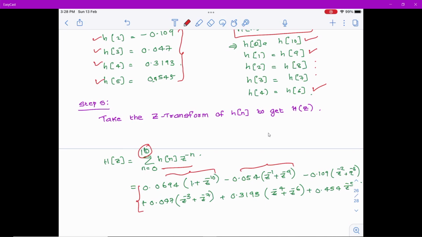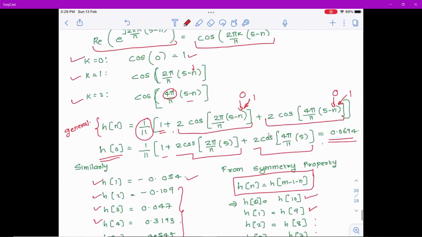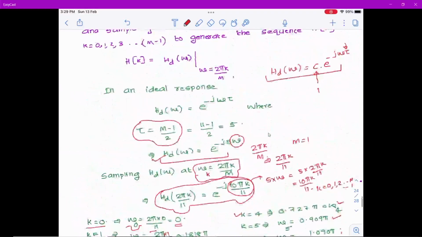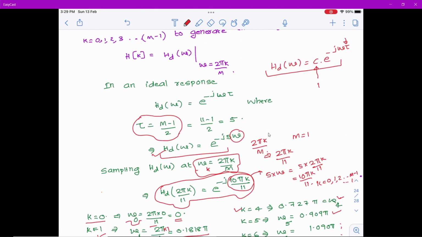Designing an FIR filter means finding out the coefficients of impulse response. Small h of n, or you call it the coefficients of impulse response, finding their values is what FIR filter design means. That FIR filter design you have done using the frequency sampling method. Again, frequency sampling method means you take the actual filter HD of omega, you sample it at 2 pi k by m, where m is the number of points or the order of the filter.